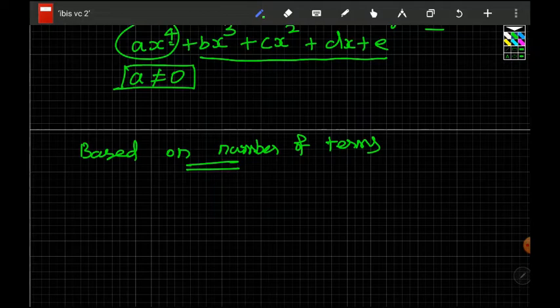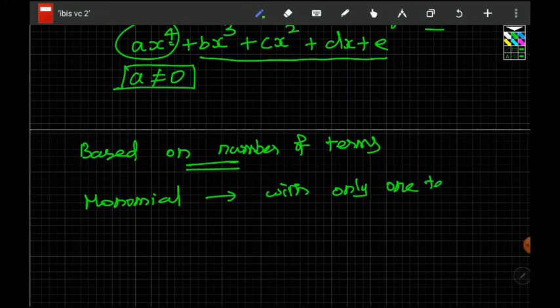If it contains only one term, it's a monomial. For example, 6x power 4 is a monomial. Just 9 is a monomial. This 9 is a constant polynomial. The 6x power 4 has degree 4, that is a biquadratic or quartic polynomial. It can be of any type, but a polynomial with only one term is called a monomial.